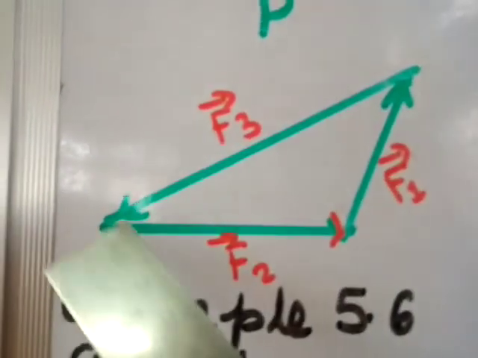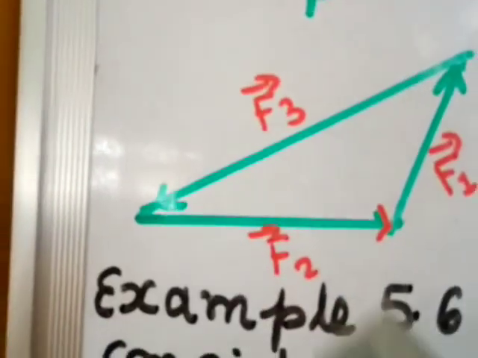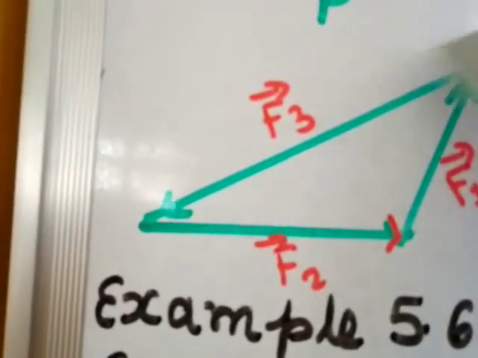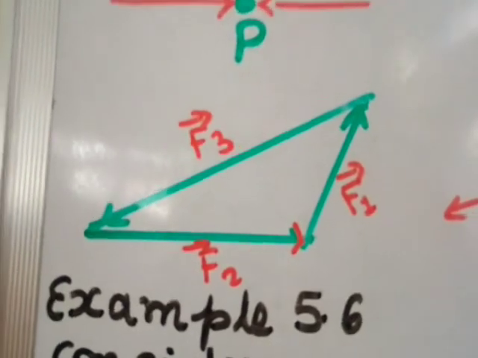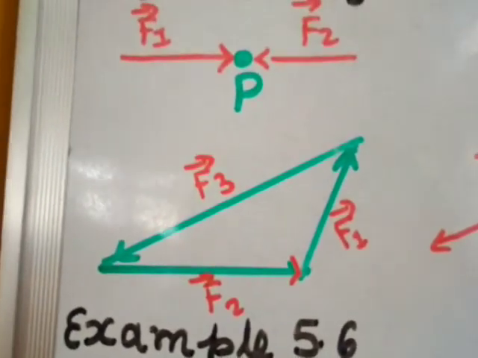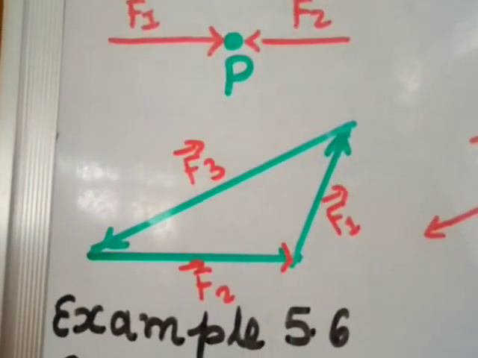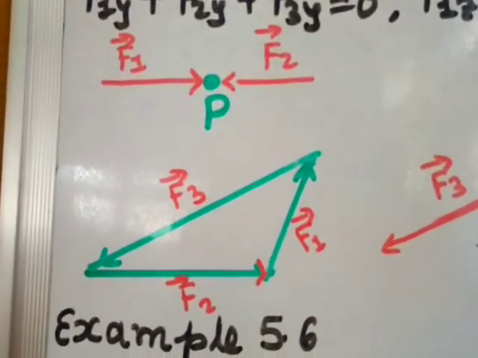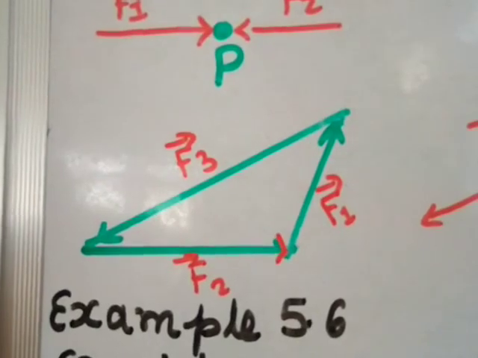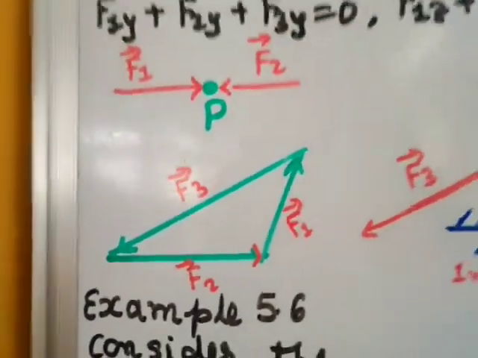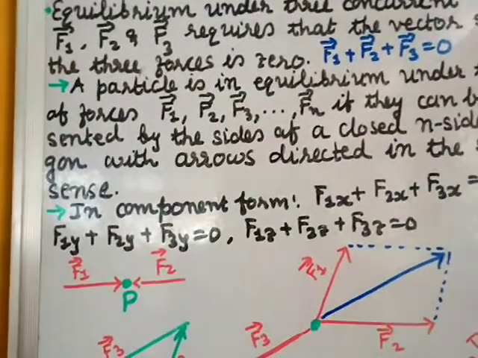See, all have got the same direction, the arrow shows the direction. So this also shows that the vector sum of these three forces is 0. If you have got four forces, then you draw a quadrilateral. If you have got five forces, then a pentagon, and all the vectors will have the same direction. So that is what the statement says here.